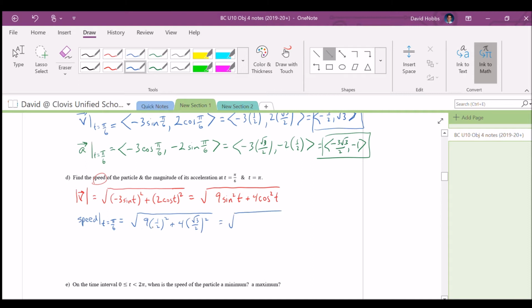So this is 9 times 1/4, which is 9/4, and this is 4 times 3/4, which I know is just 3, but this one's a fraction, so I'll say it's 12/4.